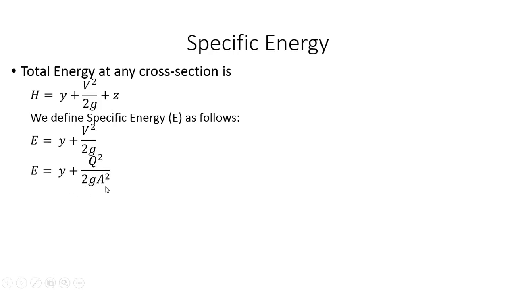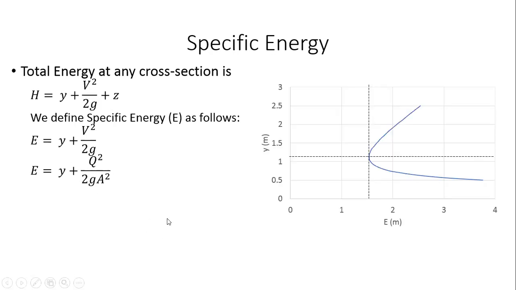So what I did was I took a given channel cross section, I specified some flow rate and tried to plot this E as a function of y for different values of y. When I did that, I got this. Now I've done this deliberately. Although I said E is a function of y, I'm putting E on the x-axis and y on the y-axis. This is what the curve looked like.